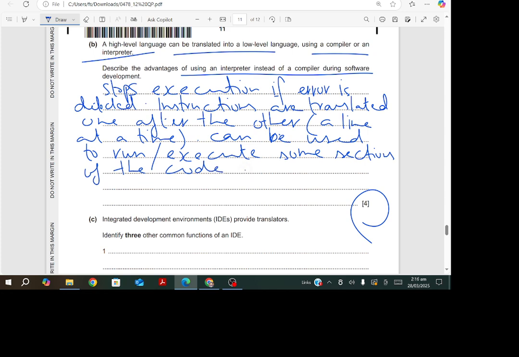For example, different blocks of code can be executed. If the other part is not even correct, still it will execute. It does not need to retranslate the code.